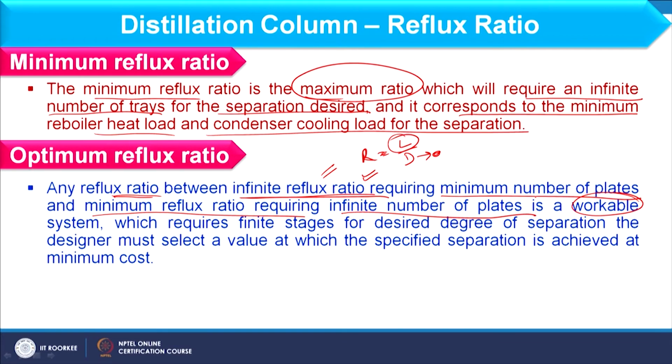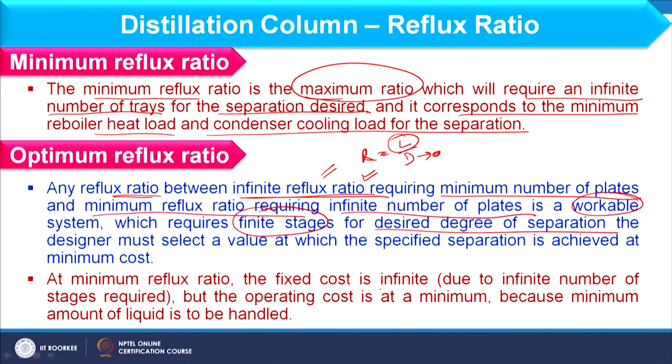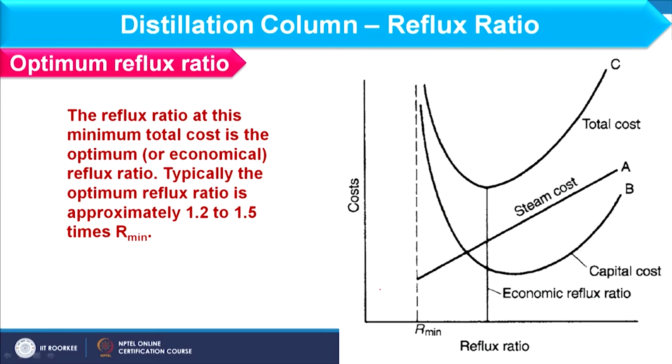Fine. So, we have to find the finite stages for the desired degree of separation, and for that we should select the optimum reflux ratio based on economic decision. So, let us see how to find it out. Optimum reflux ratio: here we have the graph between cost and reflux ratio.